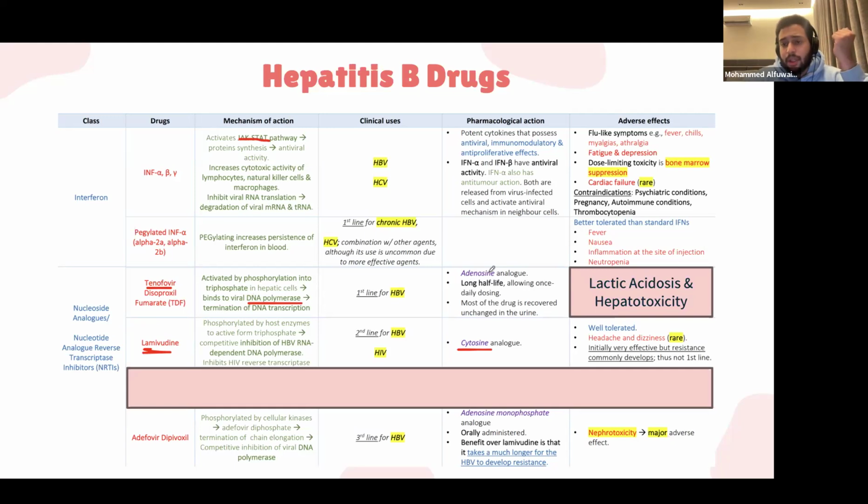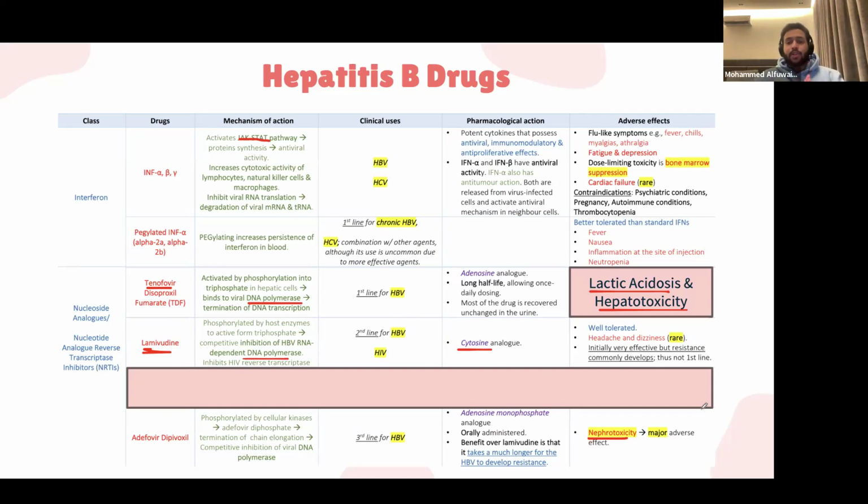The most important side effects are lactic acidosis and hepatotoxicity. You also need to monitor creatinine for tenofovir, but it's more important with adefovir. Lamivudine is a cytosine analog that again inhibits DNA polymerase. It's well tolerated. Adefovir's main side effect is nephrotoxicity.